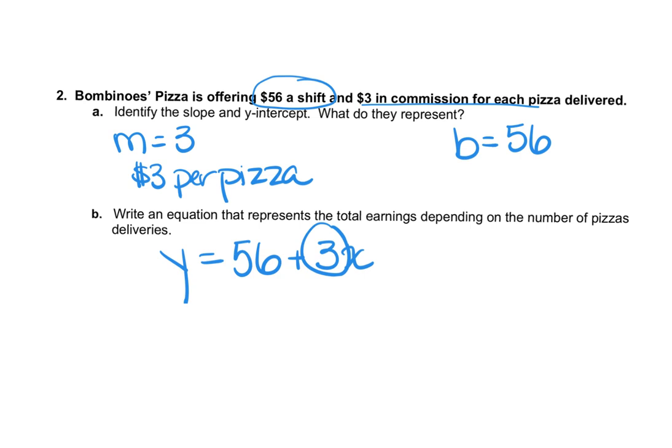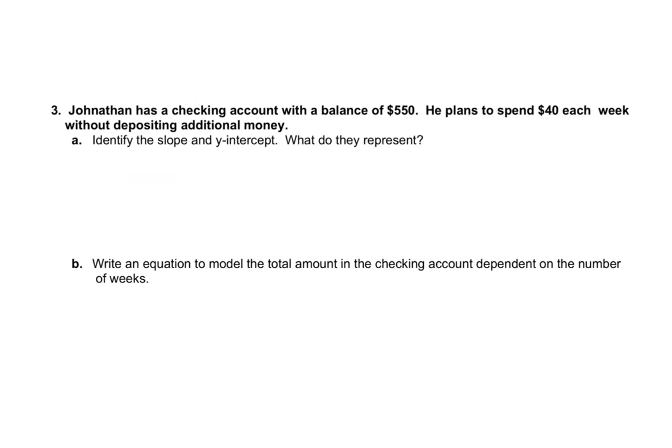And then from there, you get paid the $3 in commission. So the 56 is the $56 shift pay, and you get that before you even deliver any pizzas. So with 0 pizzas, you'd still make the $56, and then it just goes up from there.